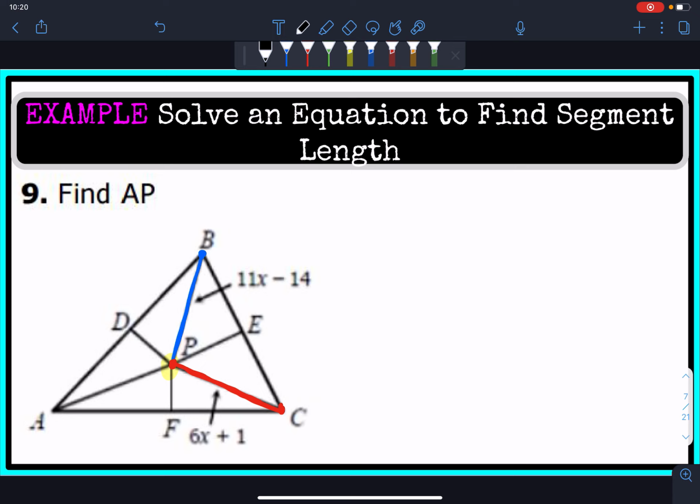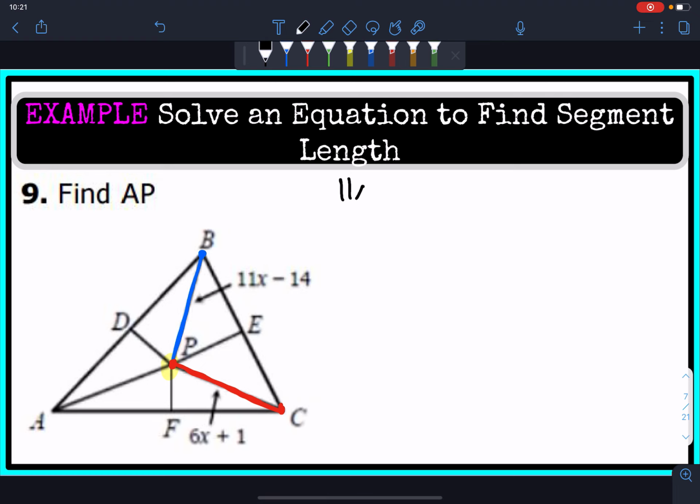They're equal. So that's how I'm going to set up my equation. And the way I'm going to figure out the distance from A to P, which is that distance right there, is to plug in the value of X with the solution to this equation.